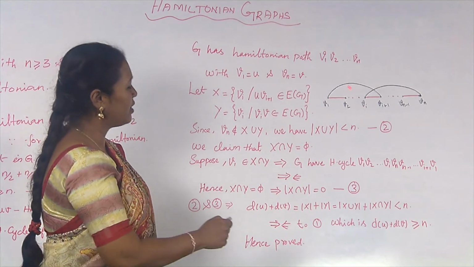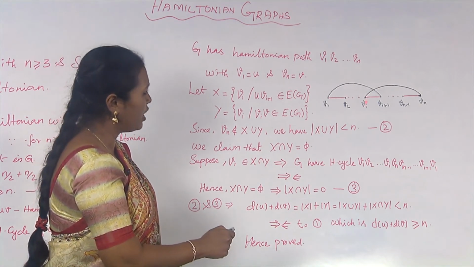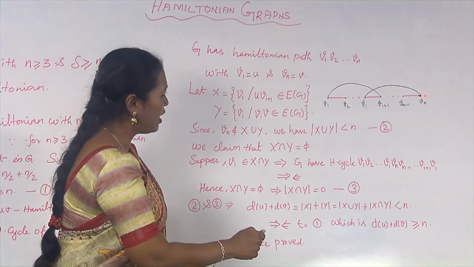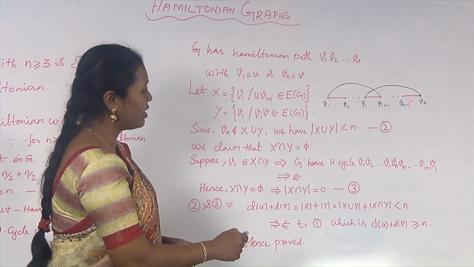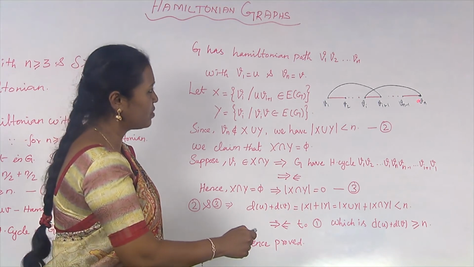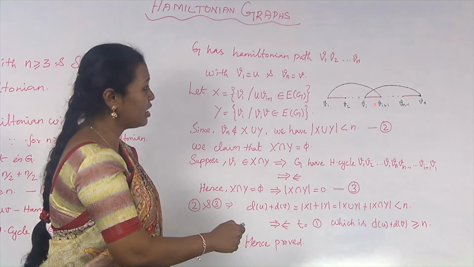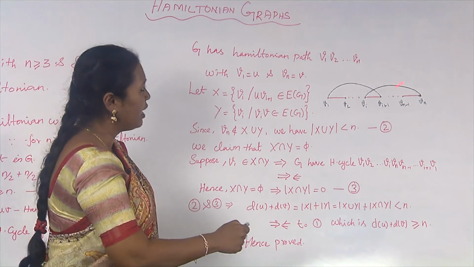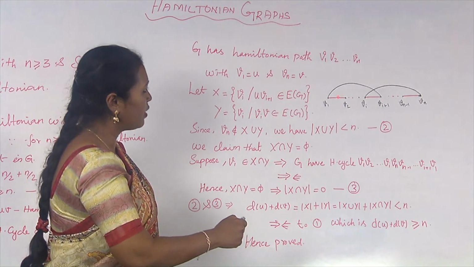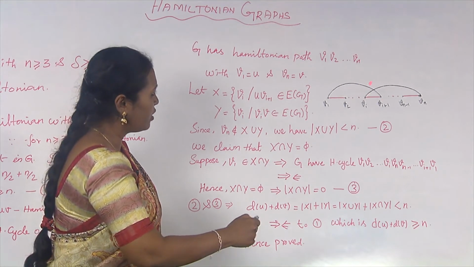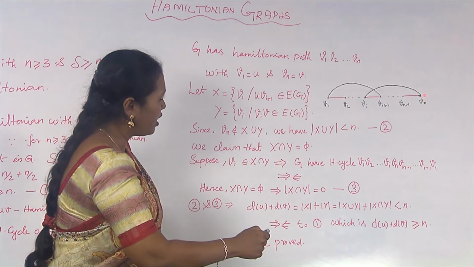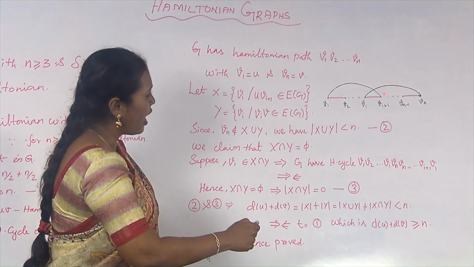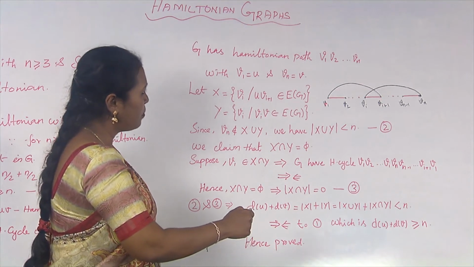So, the graph looks like this: V1, V2, and so on up to Vi. From Vi I can make a jump to Vn. That is why we take the contradiction that there is a vertex common to both X and Y. So, V1, V2, up to Vi, then it goes to Vn, and from Vn you come back in reverse, Vn minus 1, and so on up to Vi plus 1, and from Vi plus 1 you can make a jump to V1.